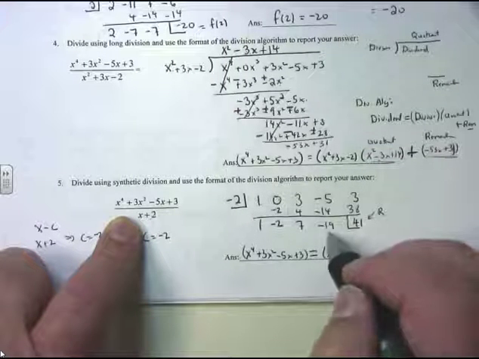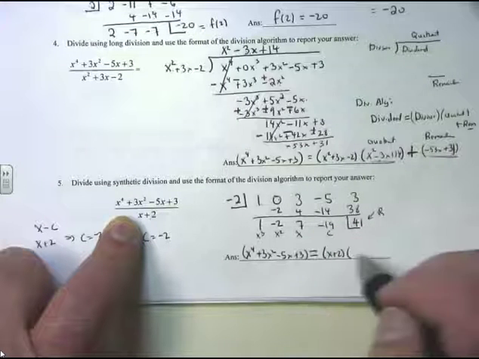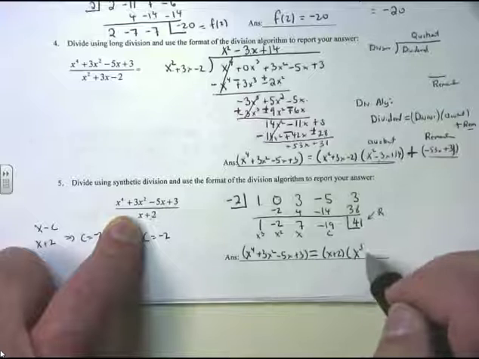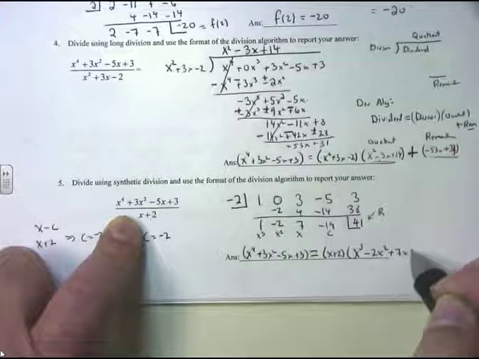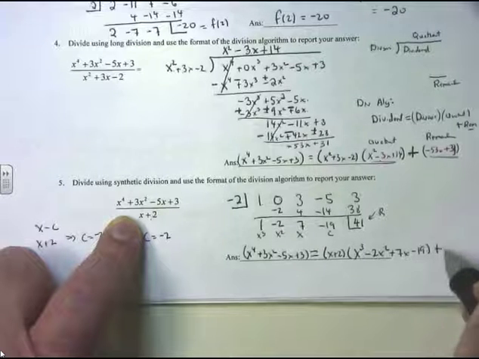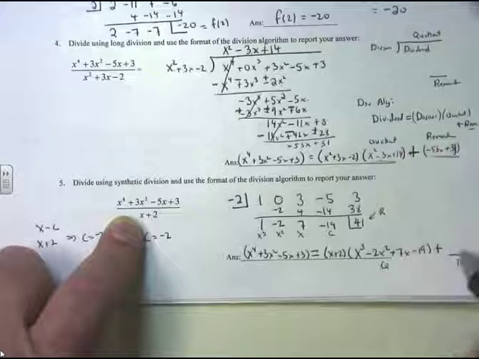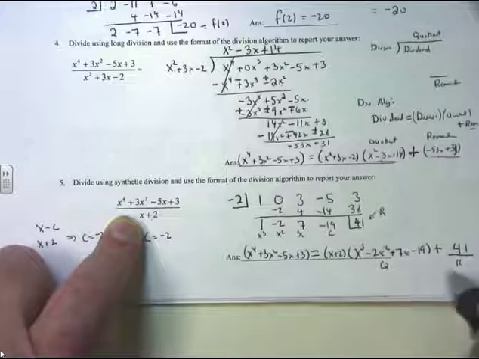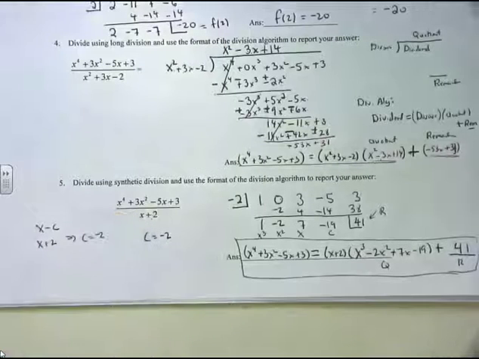That's the remainder part. So this is your constant term, x, x squared, x cubed. So that would be 1x cubed minus 2x squared plus 7x minus 19, plus the remainder. So here's the quotient part. Here's the remainder, which is just 41. And this is your solution written in the form of the division algorithm.